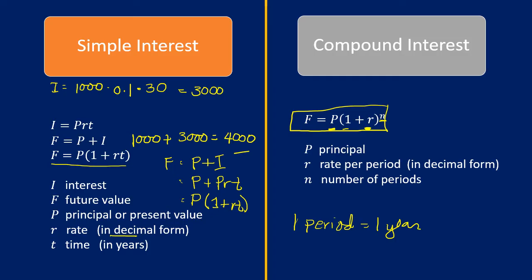This is just for the first few examples, but there are examples wherein one period is 1 day, 1 month, and so on. But just so that it will be simpler, this is the formula for the compound interest. Okay?